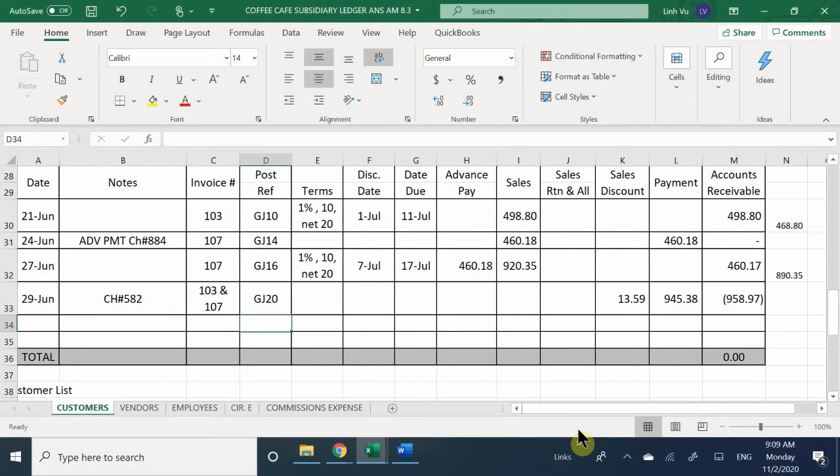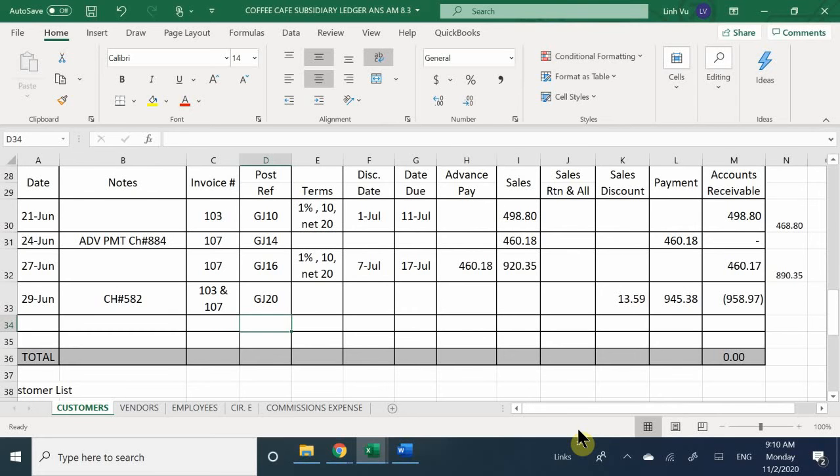Correct. Because we're giving him the discount on the total sales. Even though they paid us in advance, we promised them a 1% discount for the entire sales. Okay. Because I thought the first one, the 103, was related to 107, but then I saw the invoice different. Okay, sorry about that. No worries.